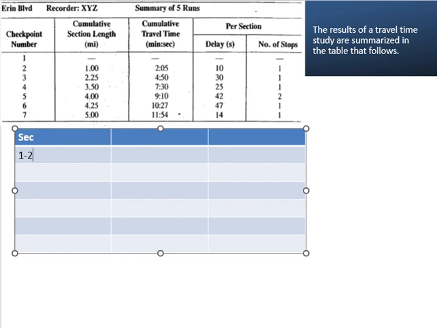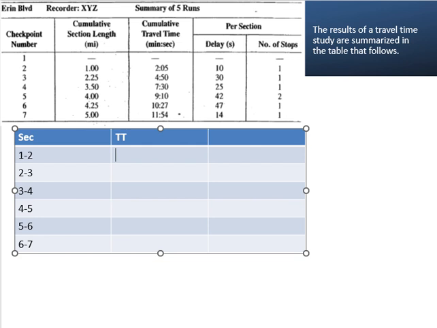So we have sections 1 to 2, 2 to 3, 3 to 4, 4 to 5. The travel times which are given were cumulative.